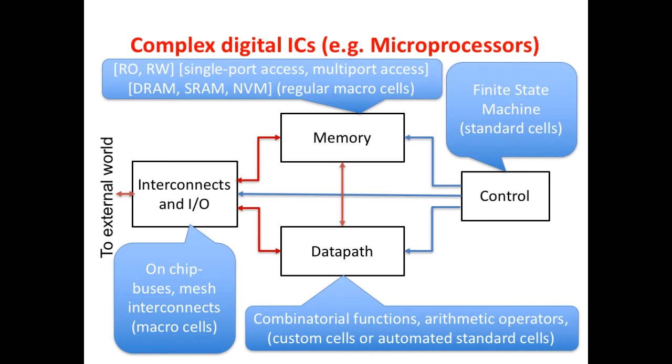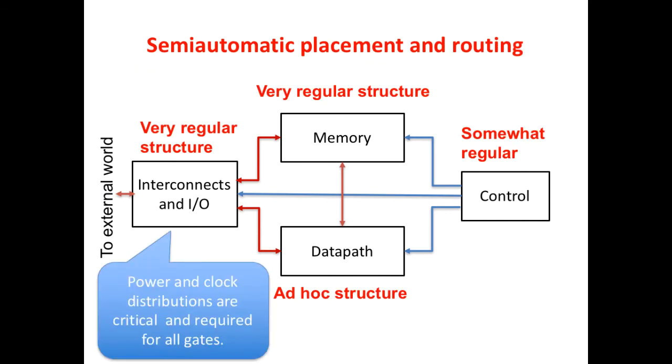And these are difficult types of problems, and the way in which the problem is addressed for the various building blocks depends on the type of block. For example, in the case of memory and in the case of the interconnects and input-output circuits, we typically have a very regular structure. So also the interconnections are going to be extremely regular.